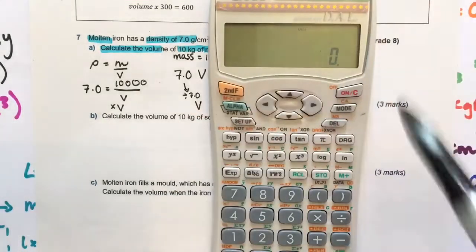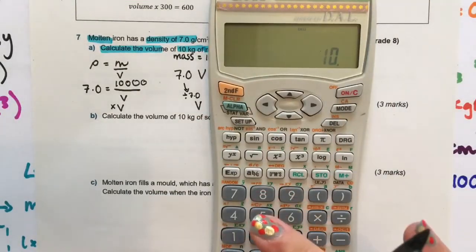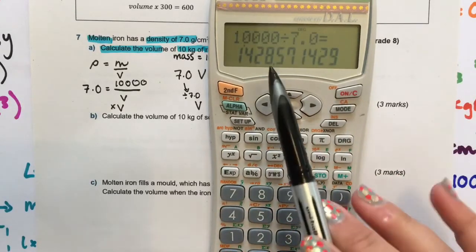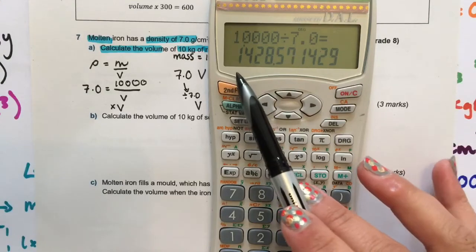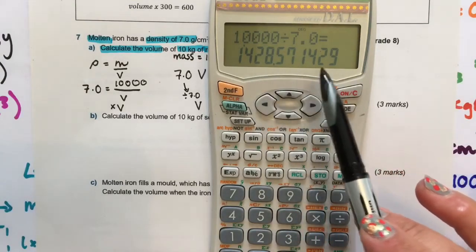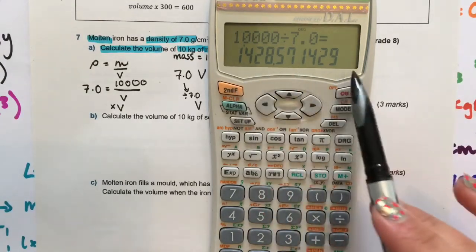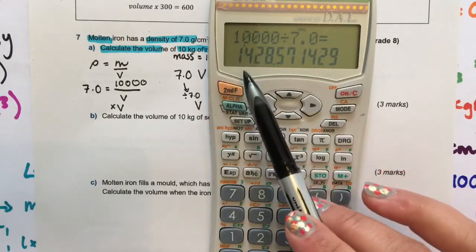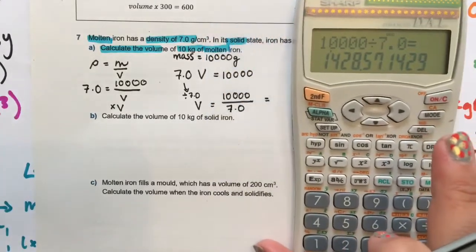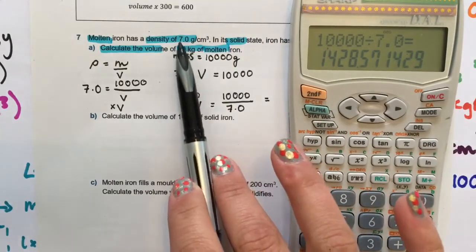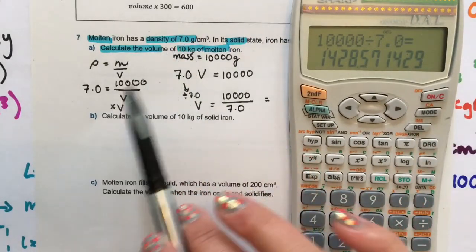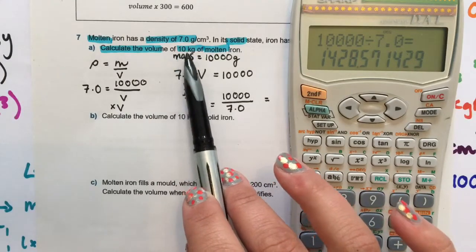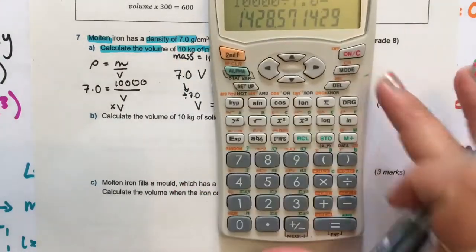So if we do this, 10,000 divided by 7.0, we get 1,428.571429. Okay, we're not going to write that whole number down. We could round to the same number of significant figures as in the question, but that's 2 significant figures here. 10 could be the 1, depending on if it's rounded, or 2 significant figures if that's the absolute number.